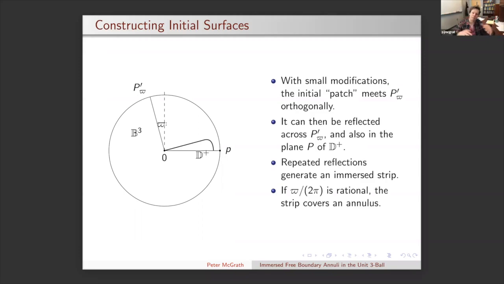And then when you close up, the immersion that you get actually covers an annulus, because of course you could keep reflecting, but then you would just be repeating. And so the goal then is to do two things. One, choose var pi to be a rational multiple of pi, and then two, show that in this construction that you can actually truly make the fundamental patches free boundary minimal, make them both minimal surfaces, and then meet the boundary of the ball orthogonally.